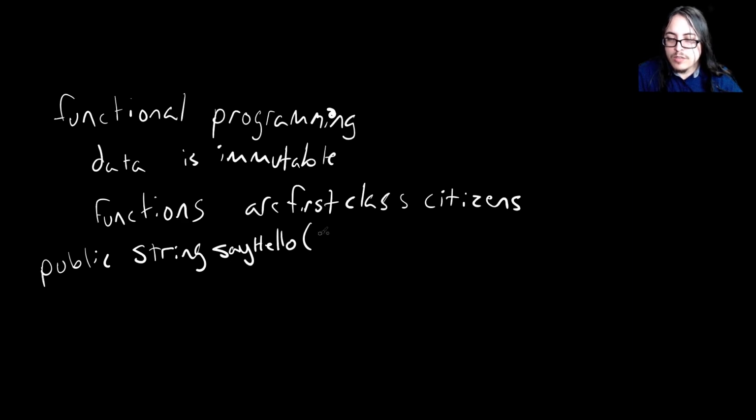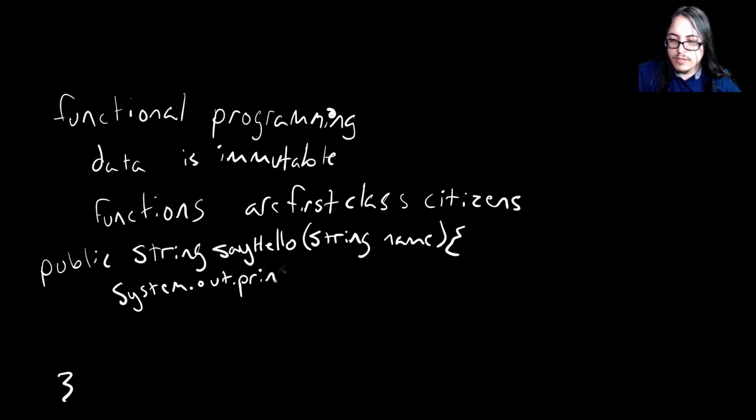So let's just pass it in the string name. So this is a method. And in here, let's just call a system out print line, where we will say hello plus name.